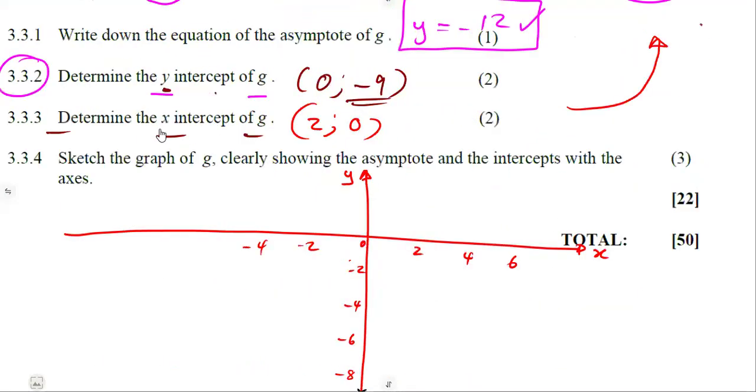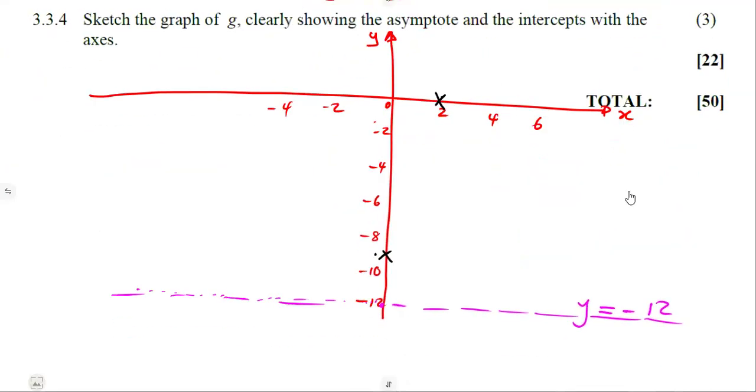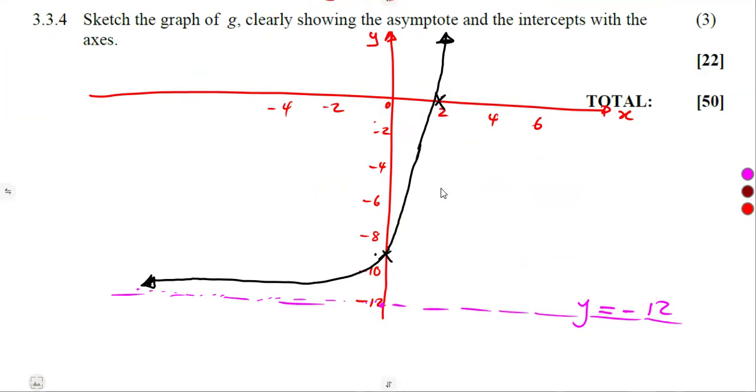The x-intercept is at 2. As we can see, the shape of an exponential function as it tends to reach the asymptote will be decreasing, meeting the asymptote like this. So that is the condition of our function.